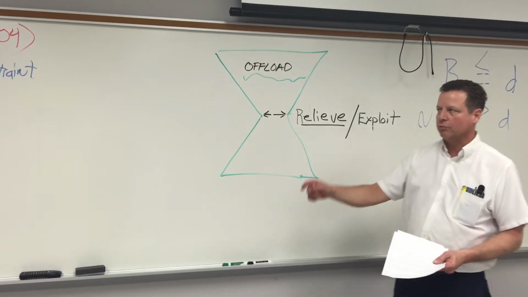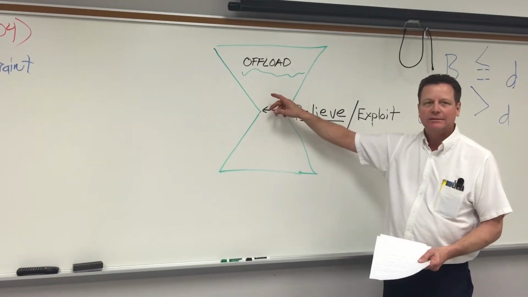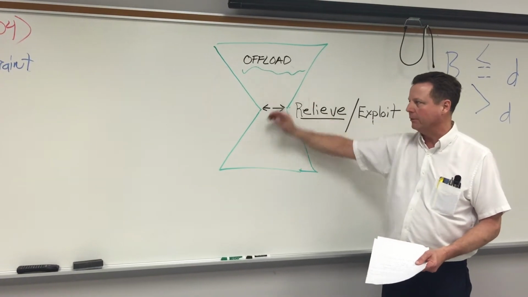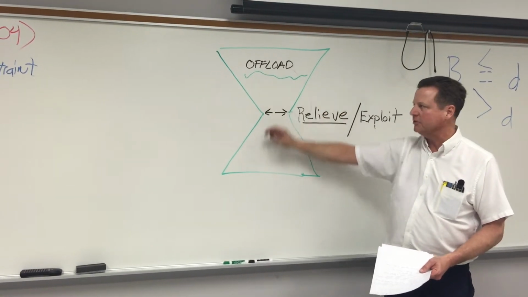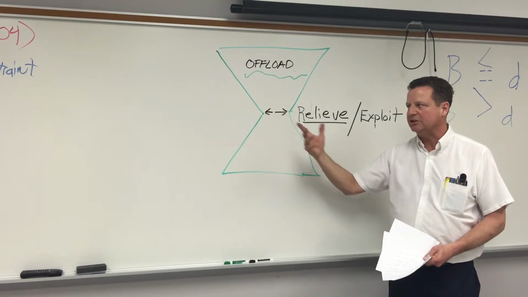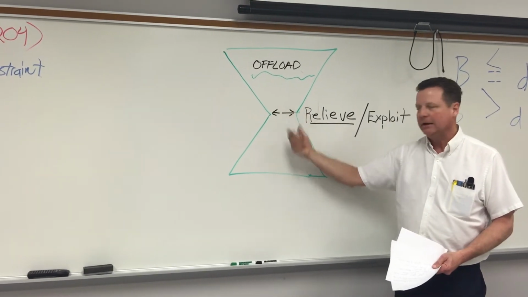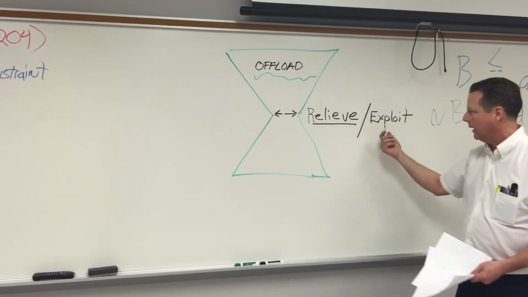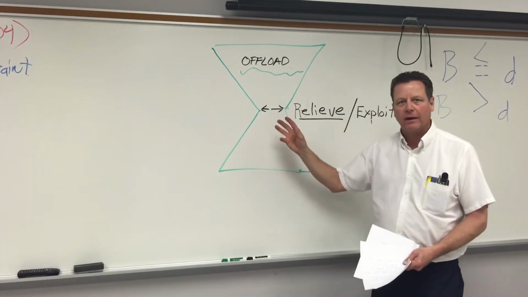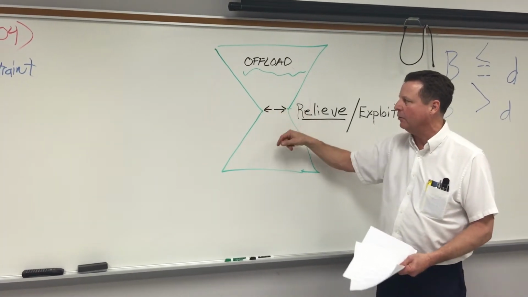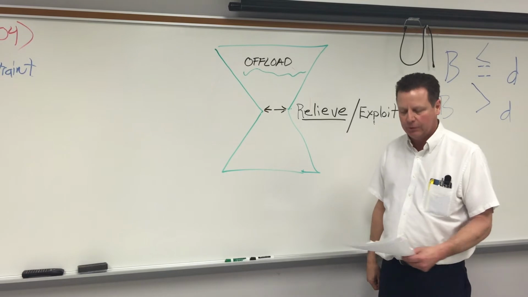We can also go with these red, green, and gold tags to enable the flow through there. Also, making sure the machine stays running all the time is a way of relieving and exploiting the bottleneck, by making sure nothing can get in the way of that sand flowing through there.